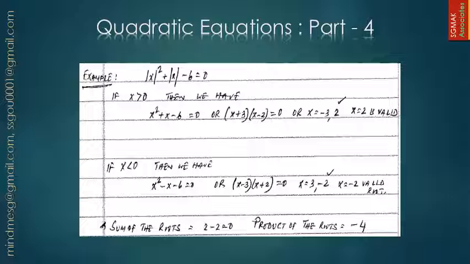The roots here are 3 and minus 2, and since x is less than 0, x equal to minus 2 is the valid root. The two roots that we got: the sum of the roots is 0, and the product is minus 4. Pay attention whenever you are dealing with the absolute value, you've got to see what happens if the variable of interest, or the expression, takes a negative or positive value. So you've got to combine both cases.